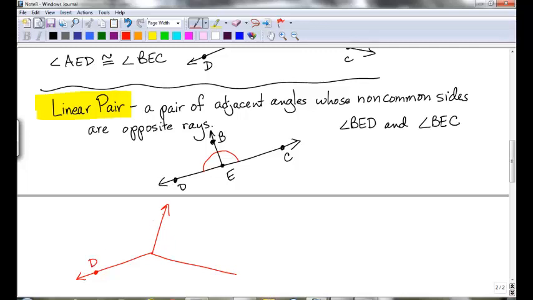Let me give you another picture. Label this point D, this point B, this point E, and this point C. Angle DEB and angle BEC are not a linear pair. Why?